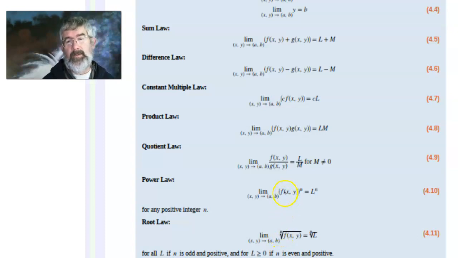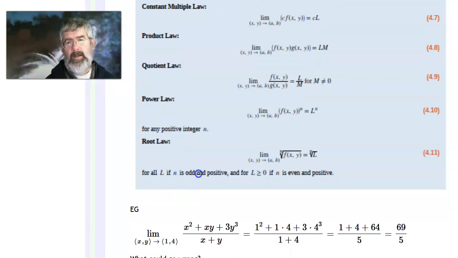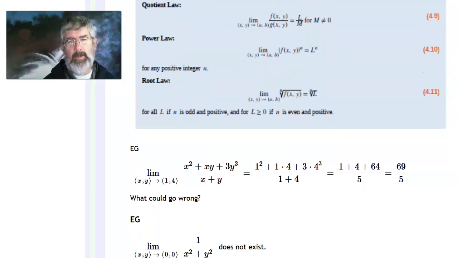I don't know why they separate these two, but they say this for integers and they say this for roots. Whatever. You can raise to powers, you can take roots, and the limit just passes right through that. They don't want negatives under square roots, but whatever. If that makes sense and you can do it, the limit works that way.